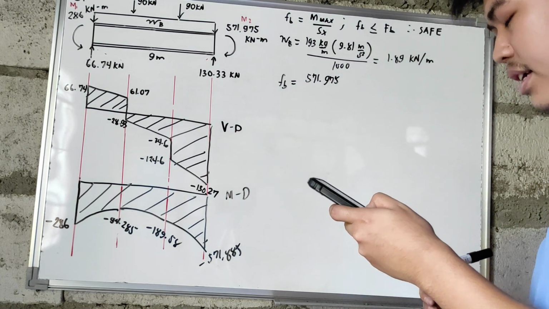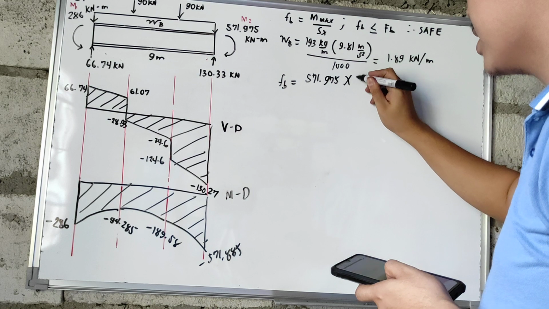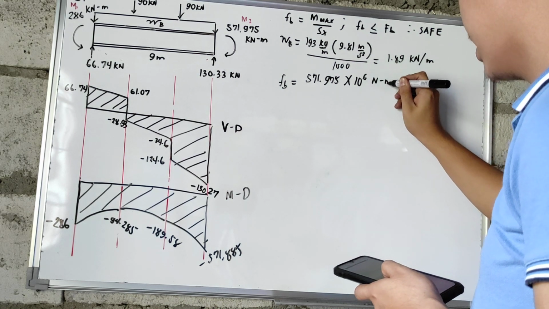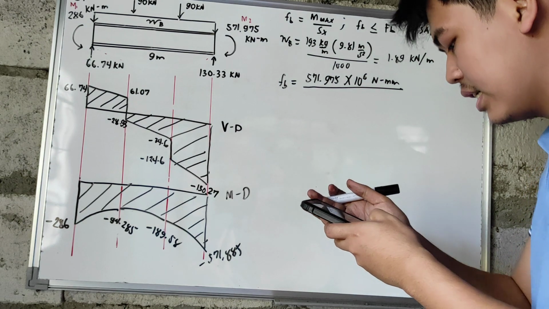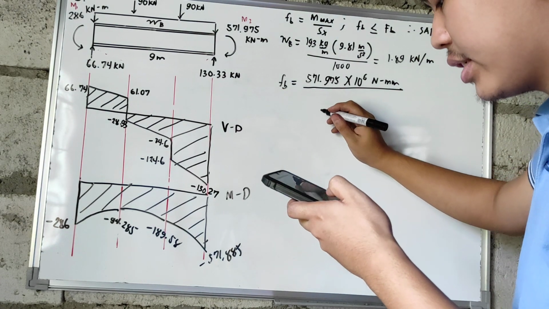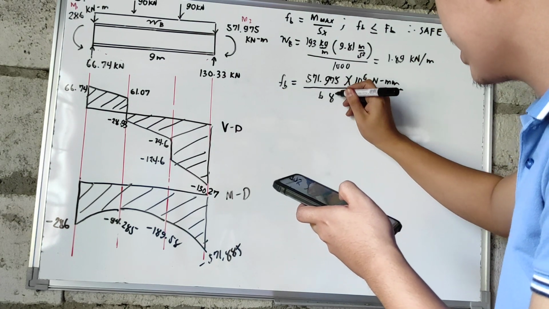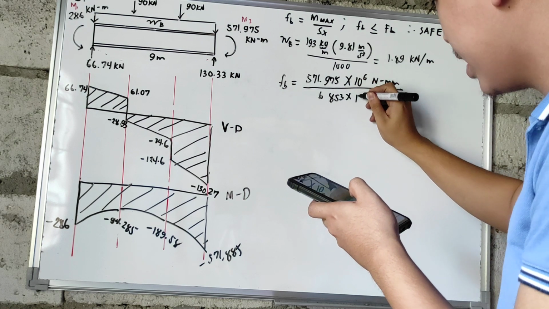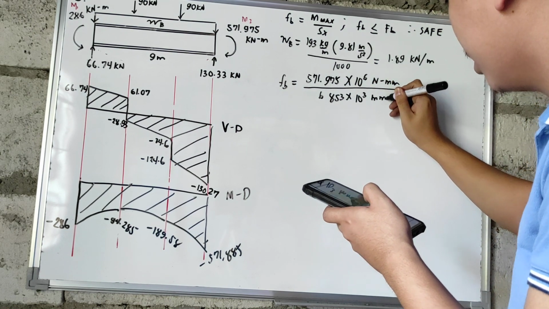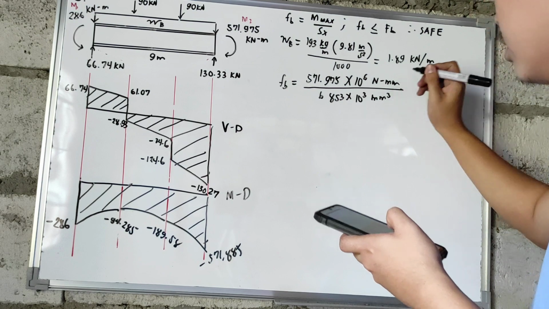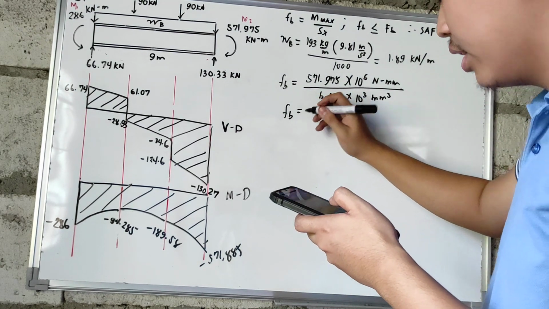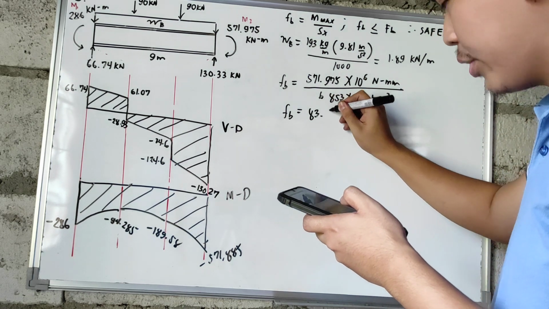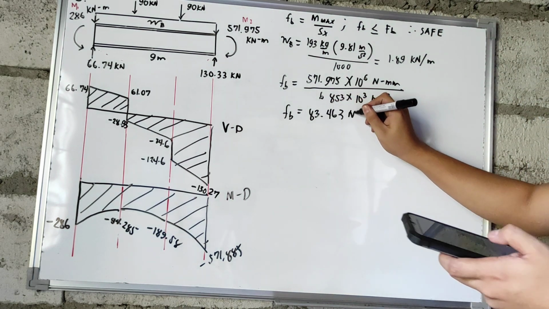Para maging Newton-mm, i-times natin by 10 to the 6. Divide natin by the value of S sub x na given doon sa properties, which is equal to 6853 times 10 raised to 3 millimeter cube. So we will now have the value of our actual bending stress, which is equal to 83.463 megapascal.